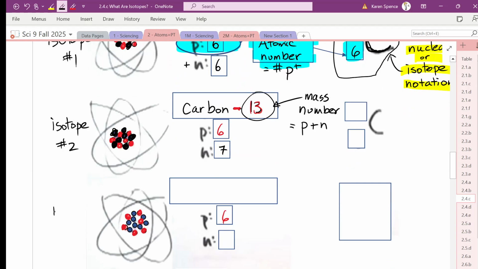And this is isotope number 3. I think for carbon, there may be only 3. Some elements have a ton of different isotopes. Usually the ones with bigger masses will have more different isotopes. Some of them only have 2 isotopes.